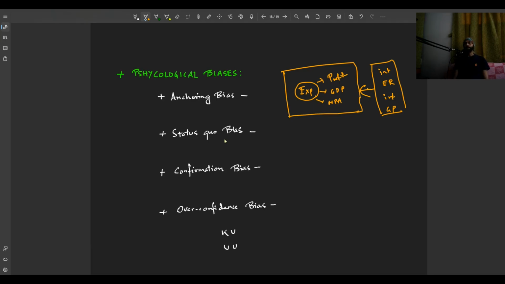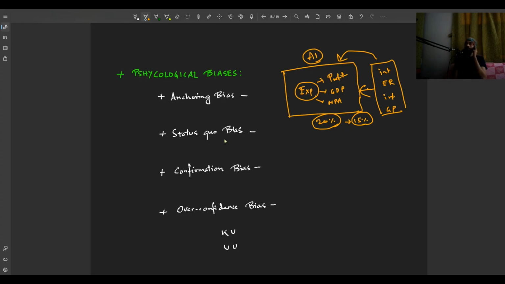Anchoring bias means this analyst is not able to incorporate them in the proportion that is required. This analyst is very much anchored to the previous conclusion. So the analyst concluded previously that the market growth rate would be 20% in the next 1 year. After adding these factors, he or she concludes that it's going to be 15%. Growth will be there, it will be 15%, not 20%.